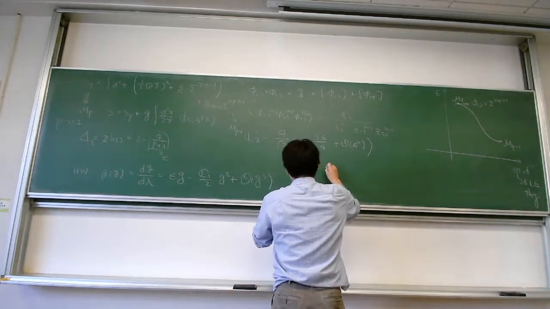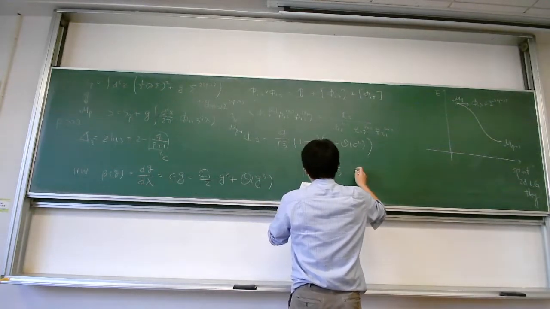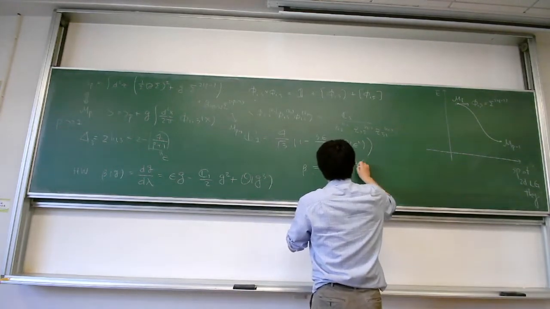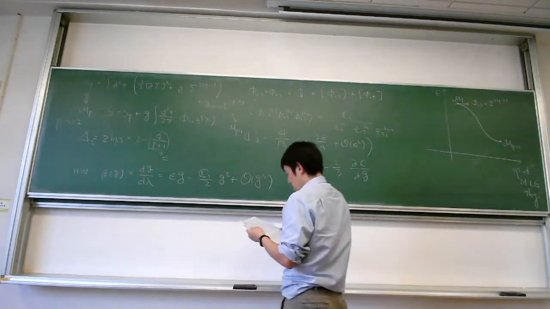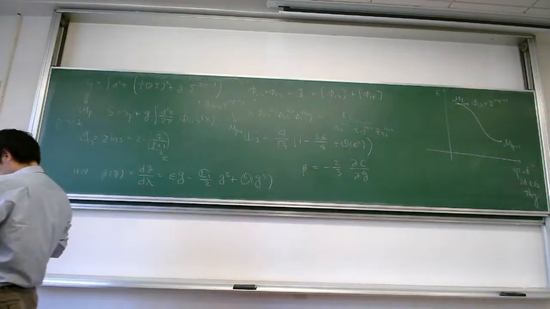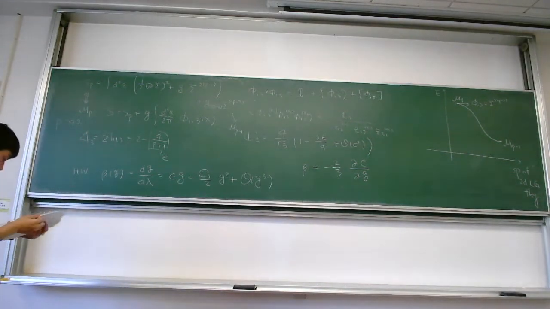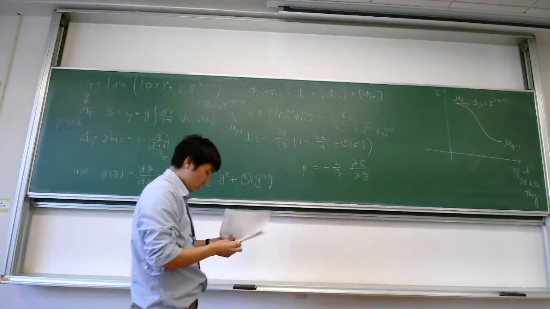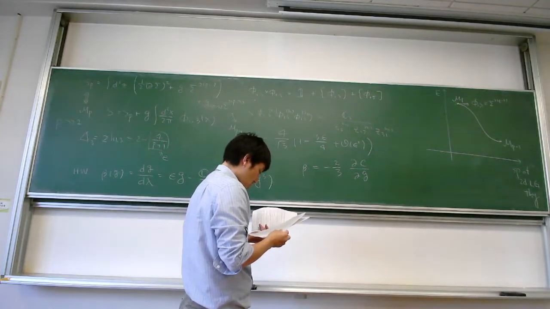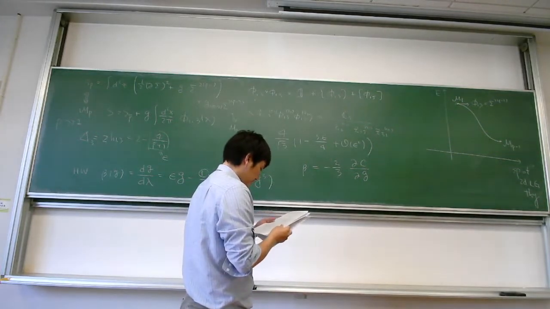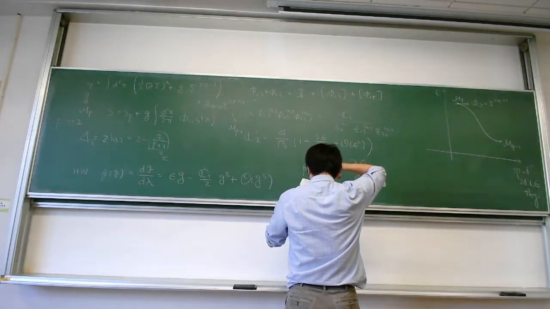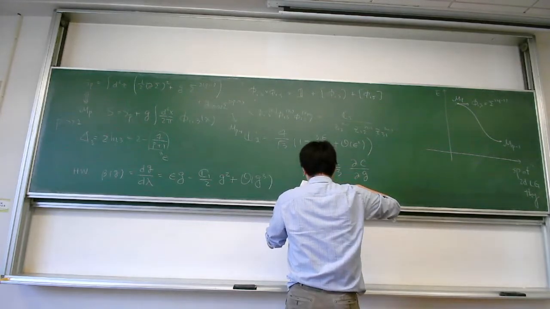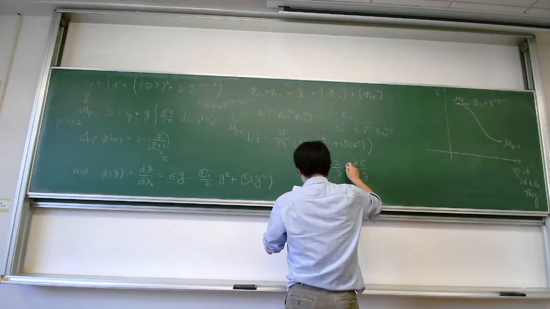It is equal to minus 2 over 3, and then so we can have this some constant.